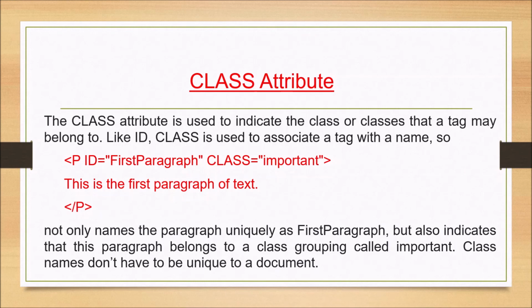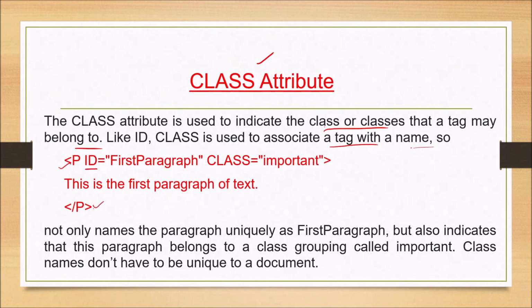We also use the class attribute, which is used to indicate the class or classes that a tag may belong to. Like ID, class is also used to associate a tag with a name. So here is an example paragraph.